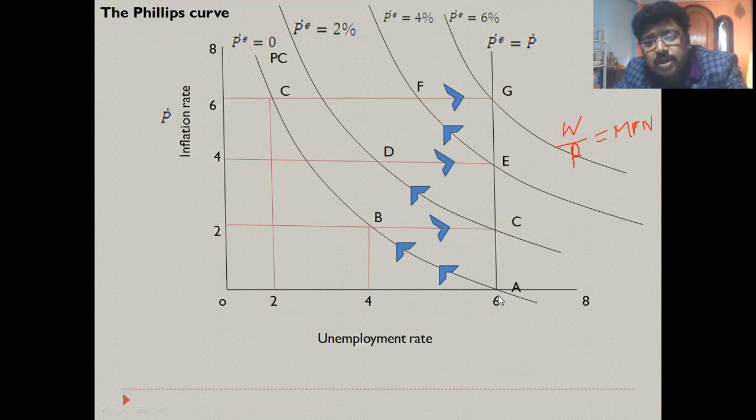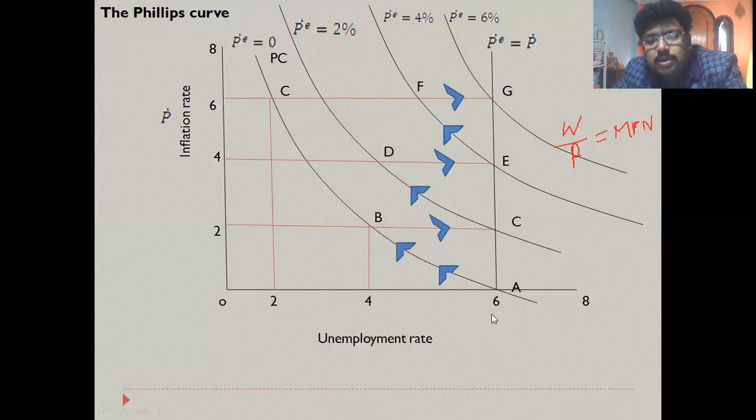With the labor suppliers asking for higher nominal wages, the firm will not produce more, and they will reduce the number of labor from the production side. So the unemployment rate is 6% this year. It again comes back.